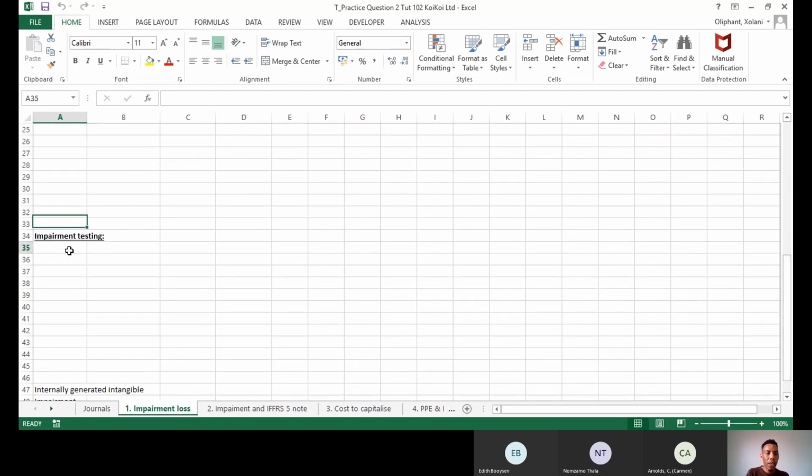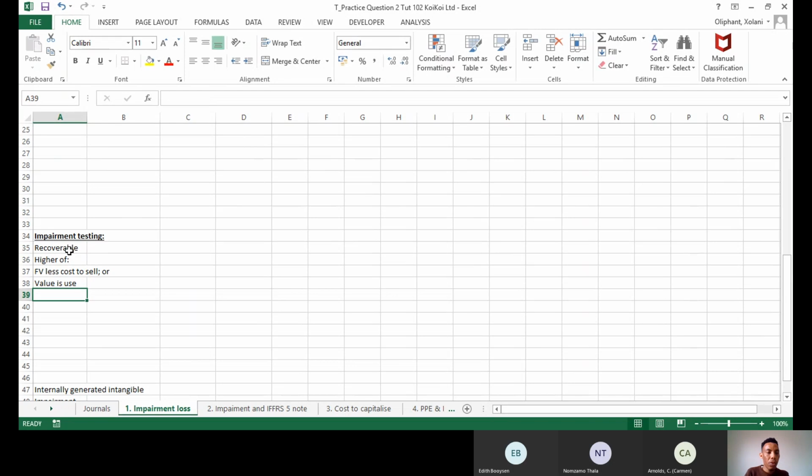So our recoverable amount, you need to write it in the exam. The recoverable amount is the higher of, number one, your fair value less cost to sell, or your value in use.